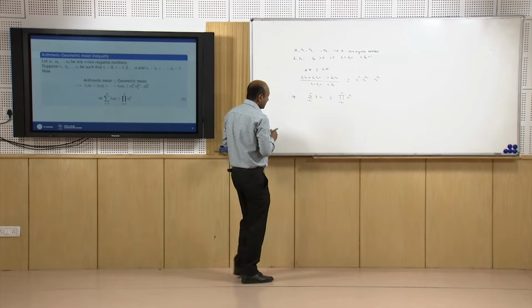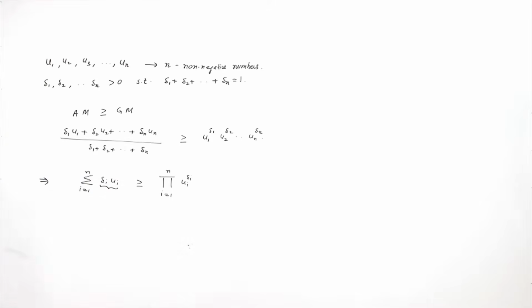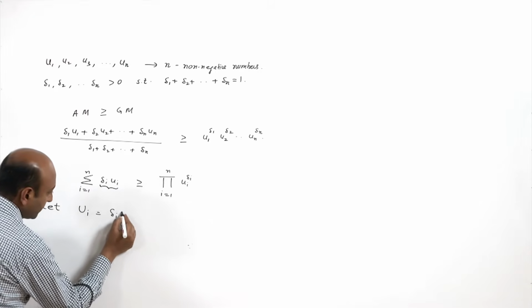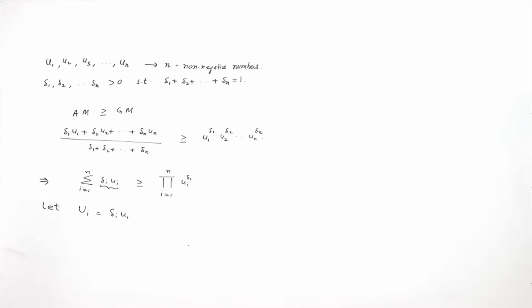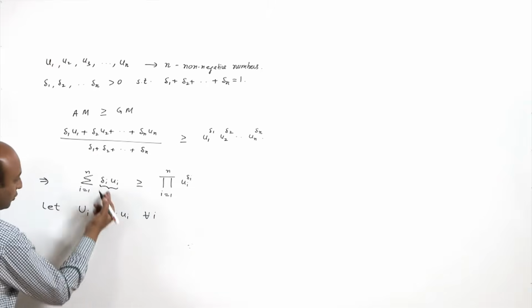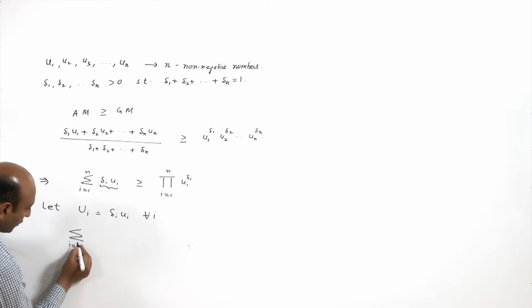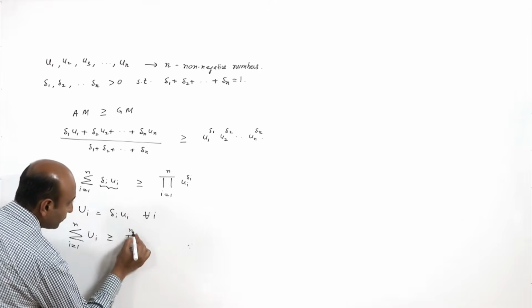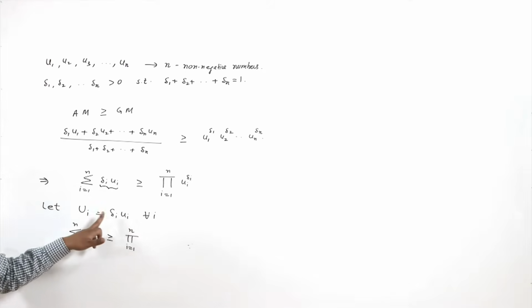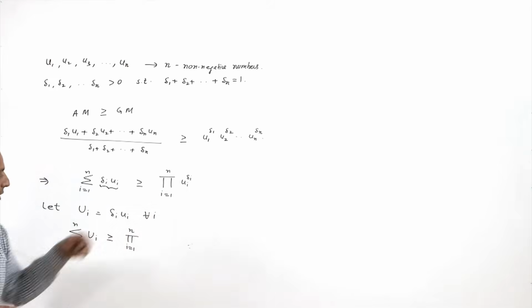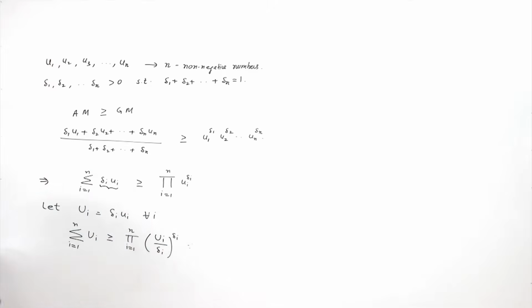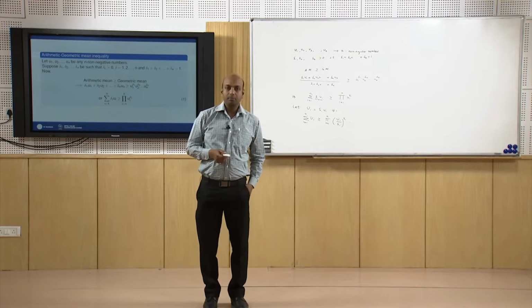Now let us assume that the term delta I ui is some capital Ui, for all I. If we substitute this, we obtain the summation over I from 1 to n of capital Ui is greater than or equal to the product over I from 1 to n of, with small ui being capital Ui upon delta I, capital Ui upon delta I, the whole raised to power delta I. This is the inequality we obtain from the arithmetic geometric mean inequality.